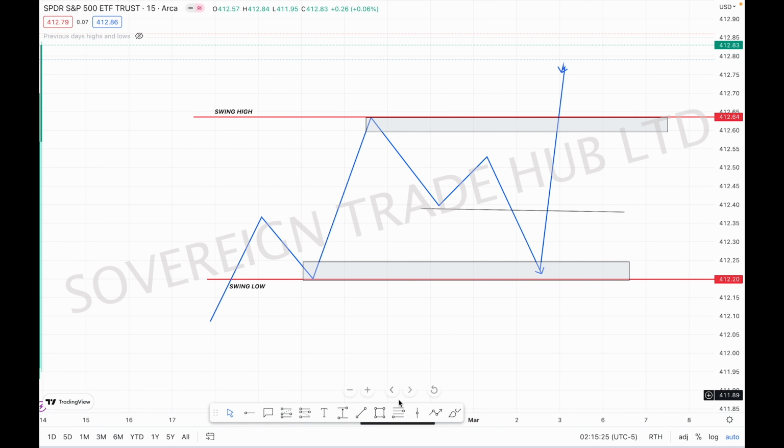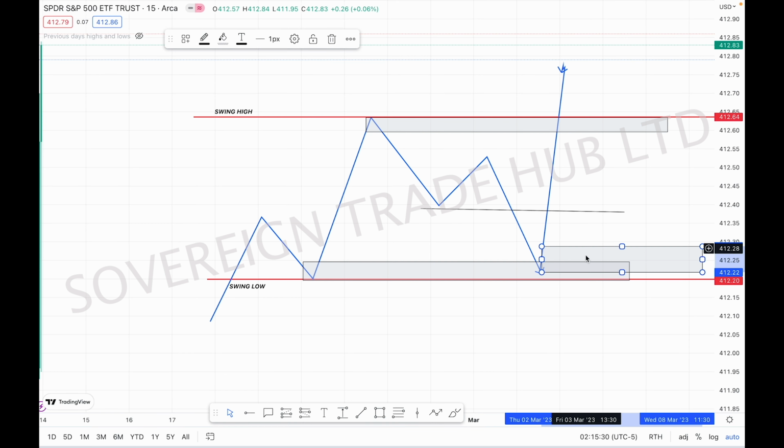Now, this very point here was where this impulse was generated that took out this high. Now, this is a valid break of structure.